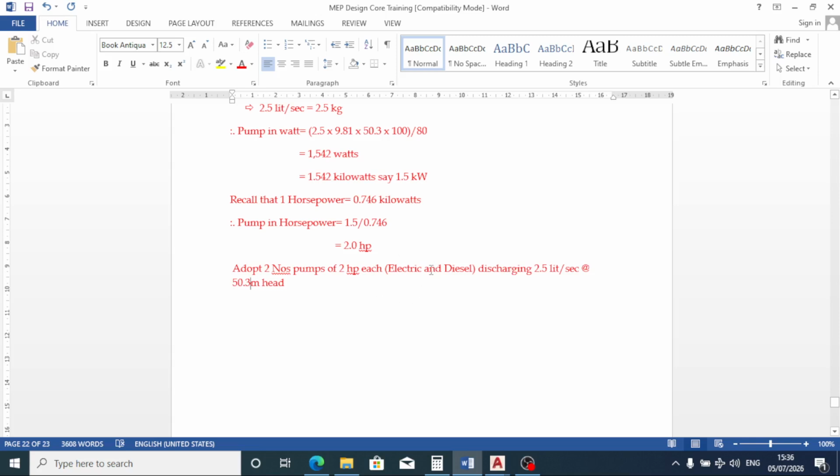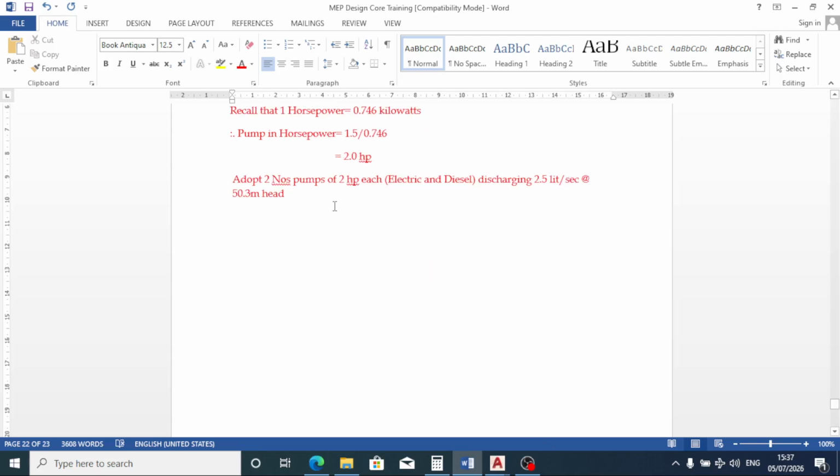Water will definitely find little gaps to escape, so your pipe will be draining gradually. So what this jockey pump does is detect that your pipe is losing water, and then make sure that the pipes are always charged with water to the brim. So that is the work of the jockey pump. It's a booster pump. It always ensures that your pipe is charged with water to compensate for minor losses.